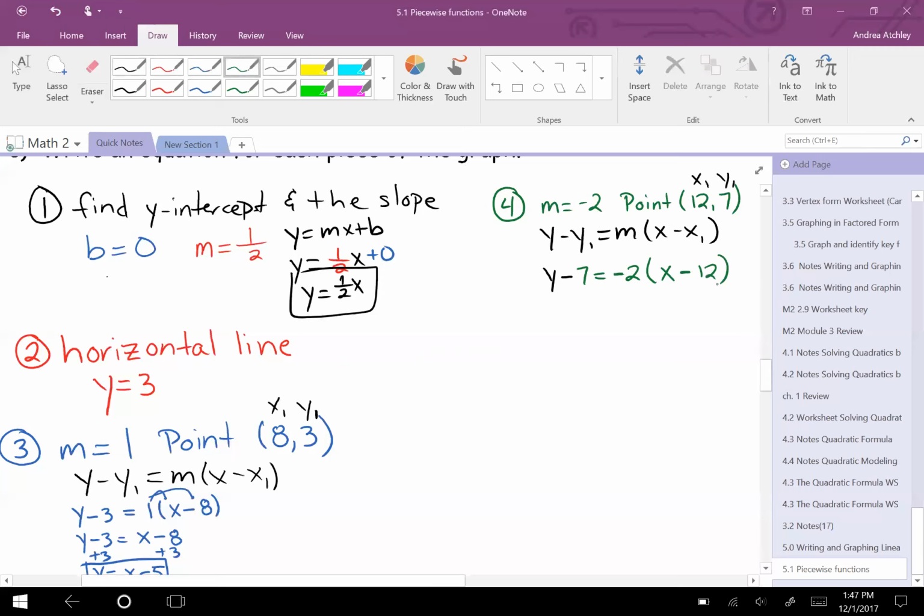Then we'll distribute. Get y minus 7 equals -2x. A negative times a negative makes that positive 24. Then I add 7 to both sides. And I get y equals -2x plus 31.